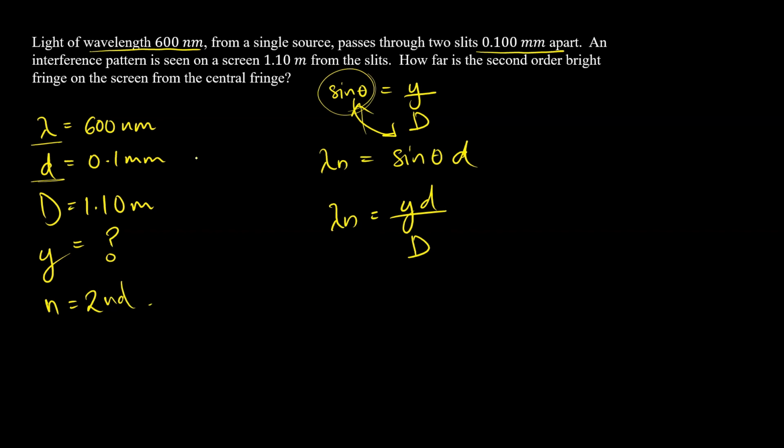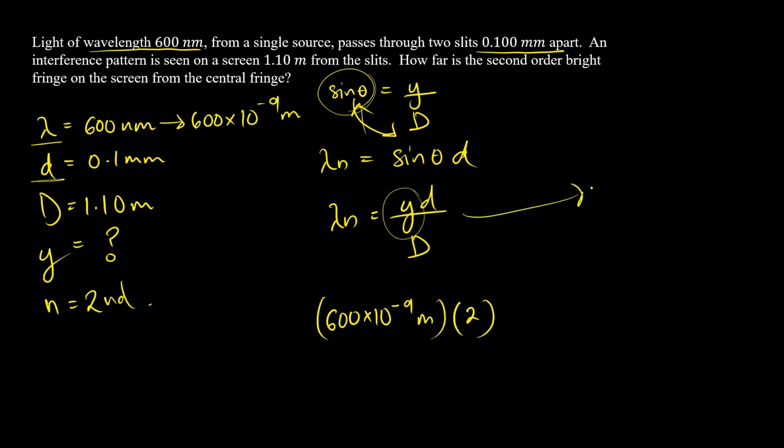Lambda being 600 nanometers, we need to convert that to meters so that our answer is in SI units. So 600 times 10 to the minus 9 meters, times n, which is 2. We're solving for y, and if y is the subject, y would be equal to lambda n times capital D, all over small d.